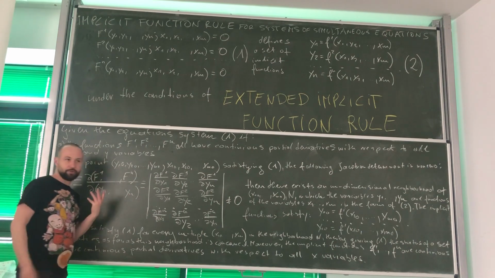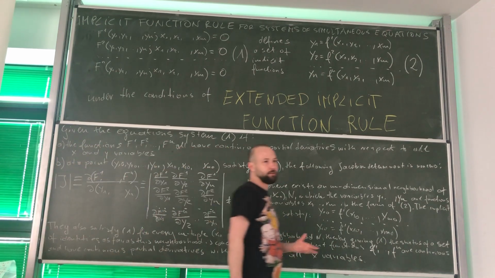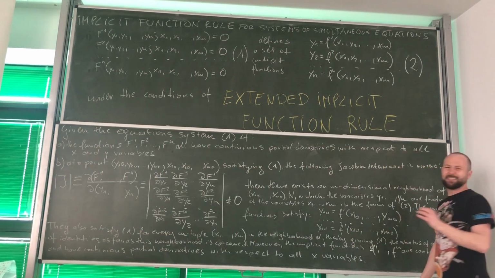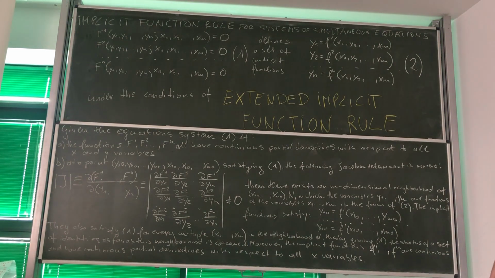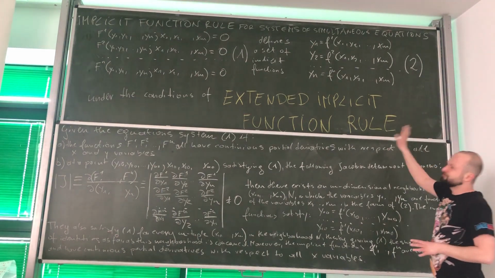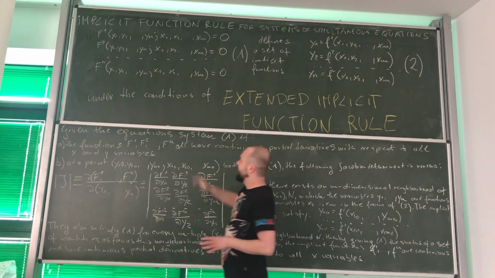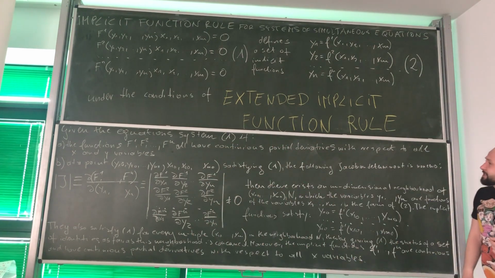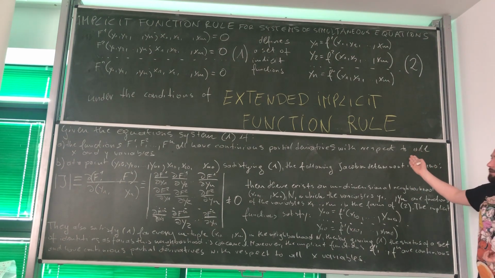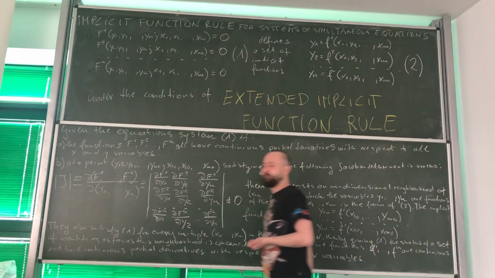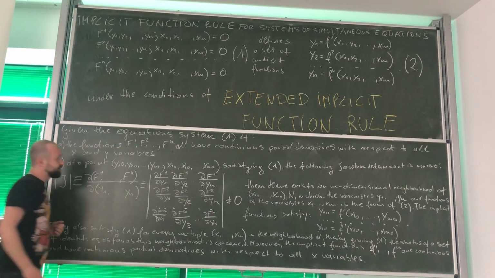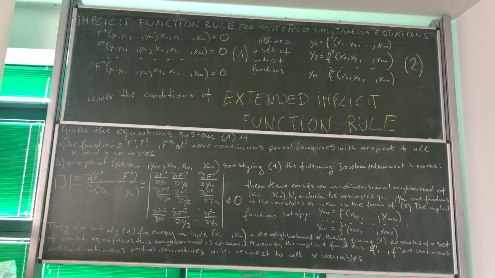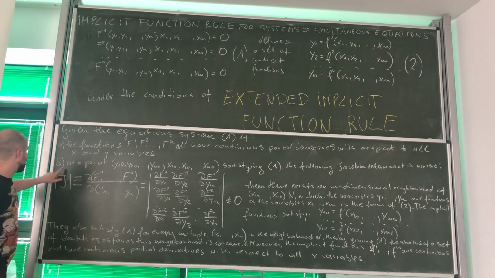So all the partial derivatives can actually be evaluated by us, and this is the assumption with which we start every model. So let's assume that it is fulfilled. As you see, there's a similar condition we had in the first version of the implicit function rule.